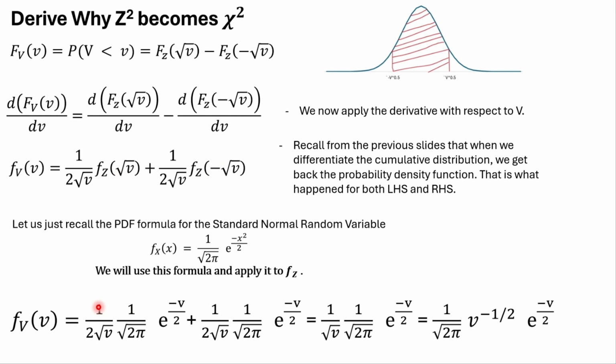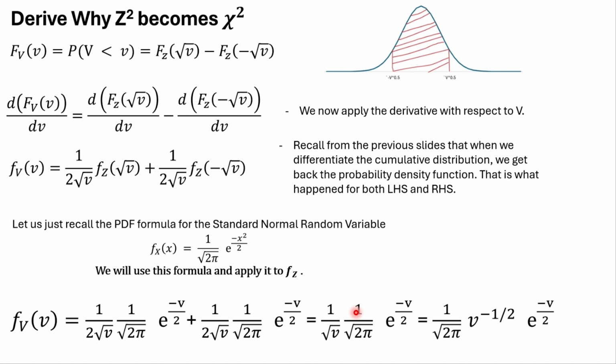Now, when we use the standard normal variable formula which we stated here, you can just try it by hand. It's a simple application of the formula when we pass under root v and minus under root v. So we are using the formula for the standard normal variable, and then we just simplify our expression.